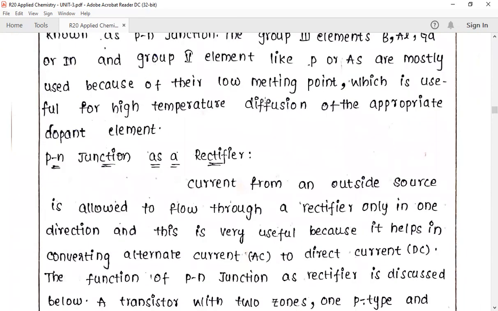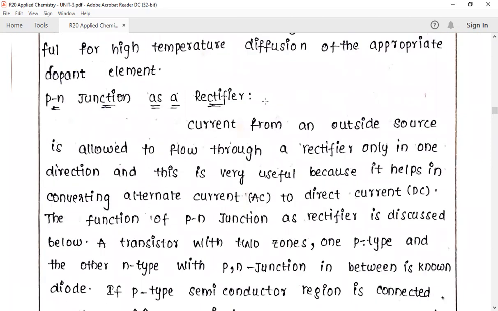This PN junction acts as a rectifier. The current from the outside source is allowed to flow through the rectifier only in one direction. And this is useful because, as I already discussed, the rectifier helps in converting AC into DC.